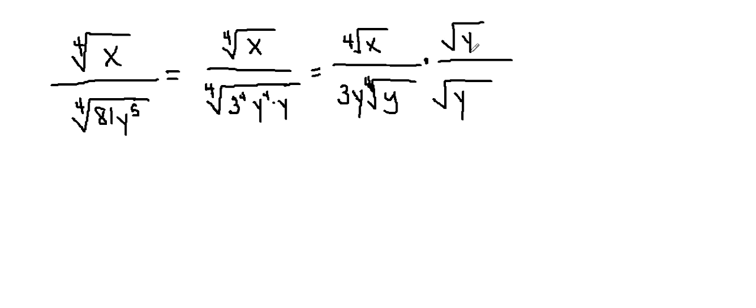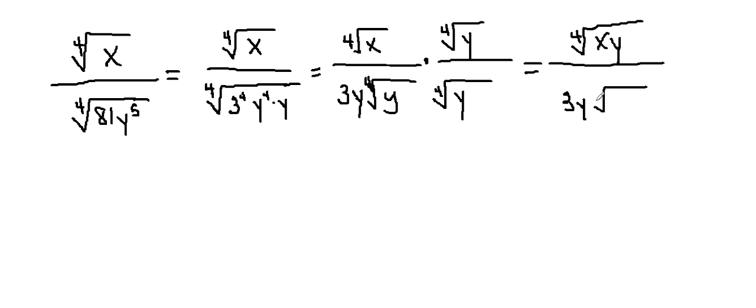So my numerator is going to be the fourth root of xy, divided by 3y, and then the fourth root of y squared.